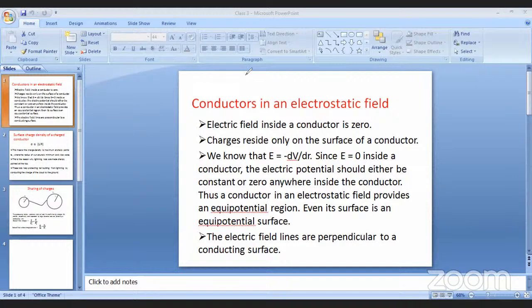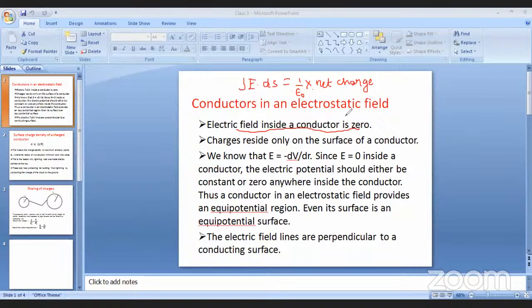You all know very well about Gauss law, that is integral E dot ds equals 1 by epsilon naught times the net charge enclosed within the surface. In the interior of the conductor, the electric field is zero.